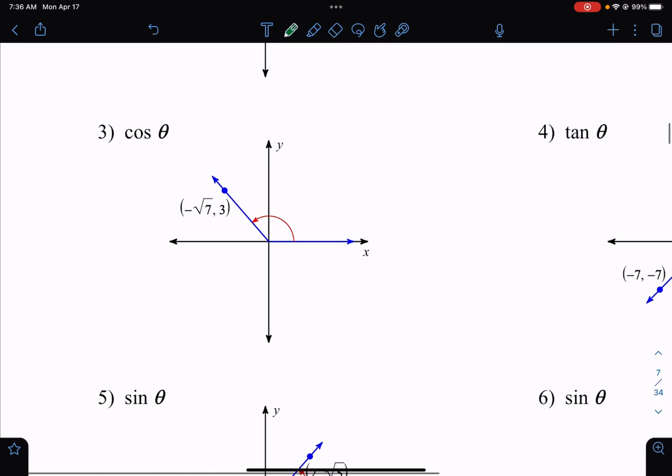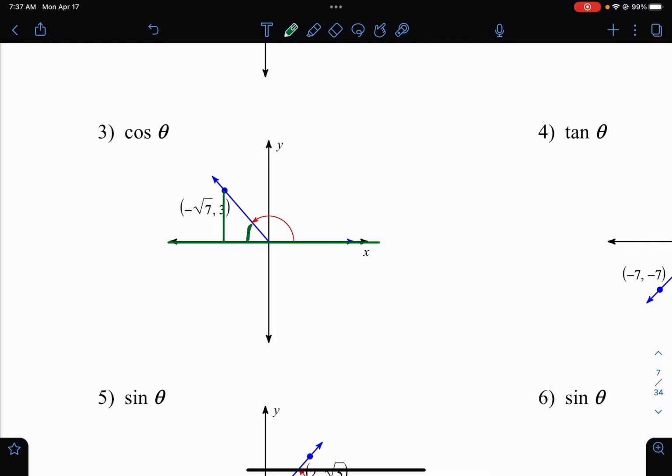Now, let's try one of these that is in a different quadrant. If we take a look here, we can draw in our triangle. When we draw in the triangle, we want to draw in our theta in relation to the x-axis.